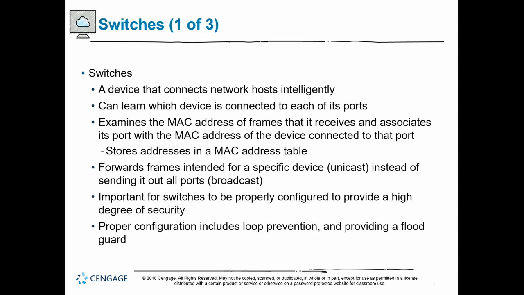Switches are pretty self-explanatory. If you've taken a networking course, you should know this. A switch is a device that connects network hosts intelligently. It works on layer 2, the data link layer. It examines the MAC address of frames that it receives and associates its ports with the MAC address of the device connected to that port. It forwards frames intended for a specific device by unicast instead of sending them out of all ports by broadcast.